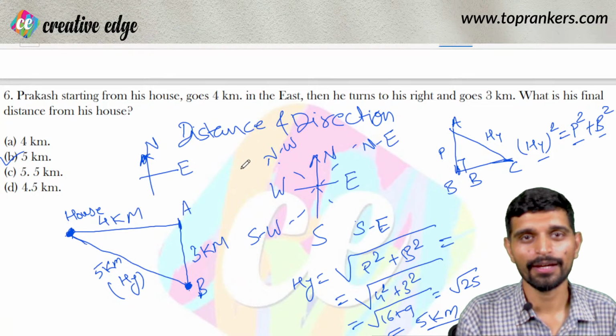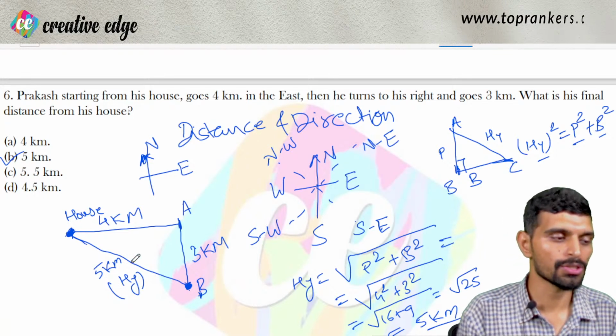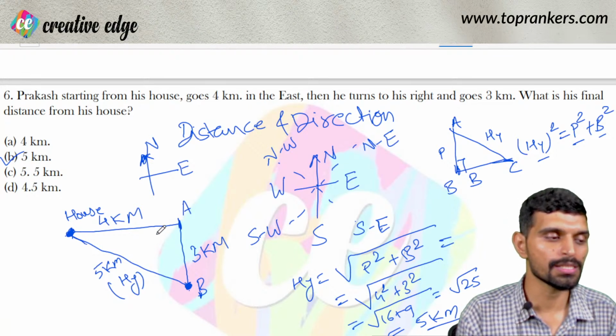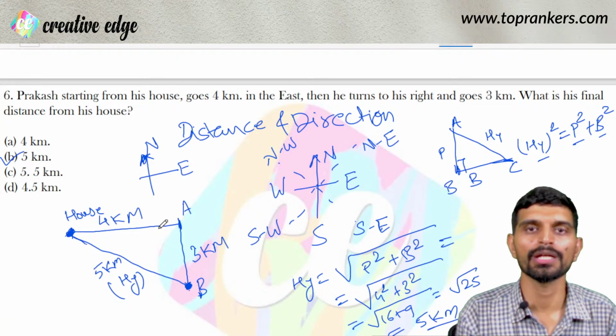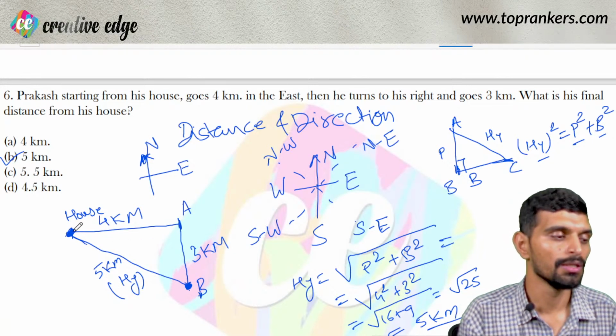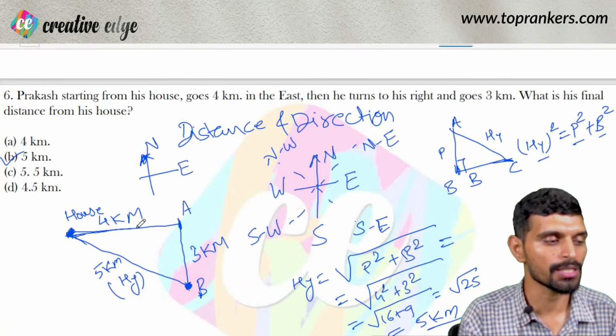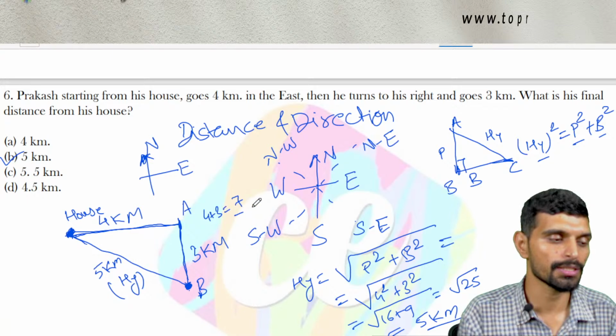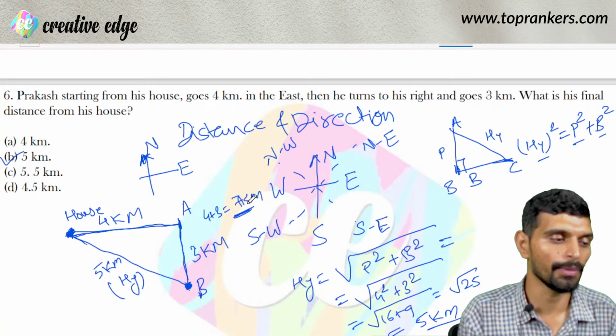At times we are comfortable with this shortest distance. What is asked? How much distance did Prakash cover in his entire journey? In his entire journey, Prakash covered 4 km here and 3 km here. So overall, the distance covered by Prakash in his entire journey will be 7 kilometers.